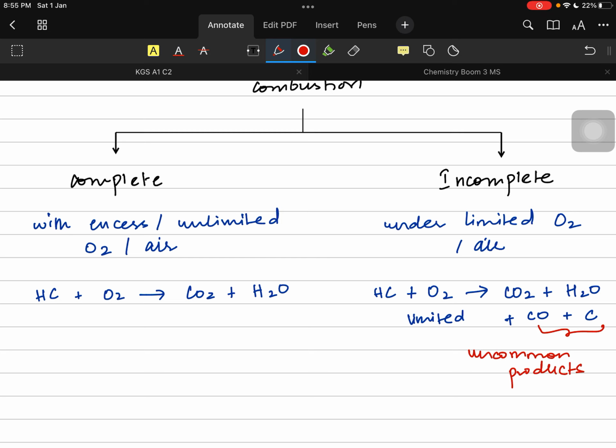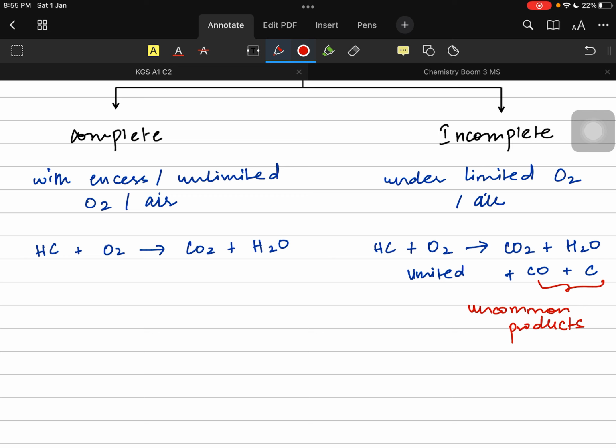Complete combustion is generally carbon dioxide plus water. Incomplete combustion will give you carbon dioxide and water, but sometimes some amount of carbon monoxide and carbon as well. Pure carbon is also known as soot. It is a black powder. So sometimes you get a black powder known as soot, and that indicates that the combustion is incomplete.